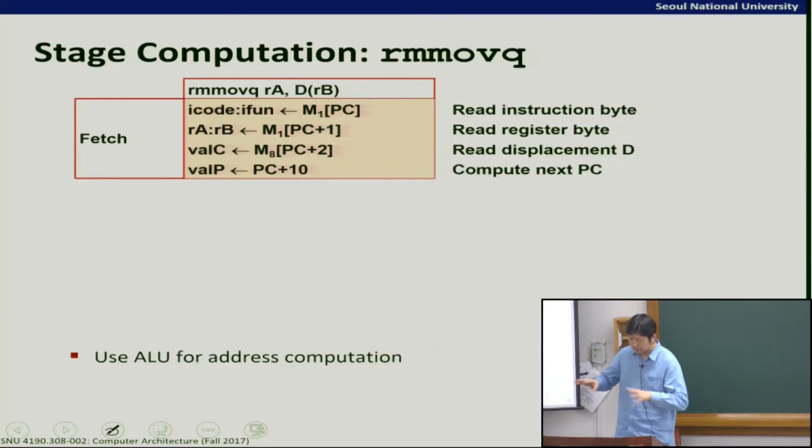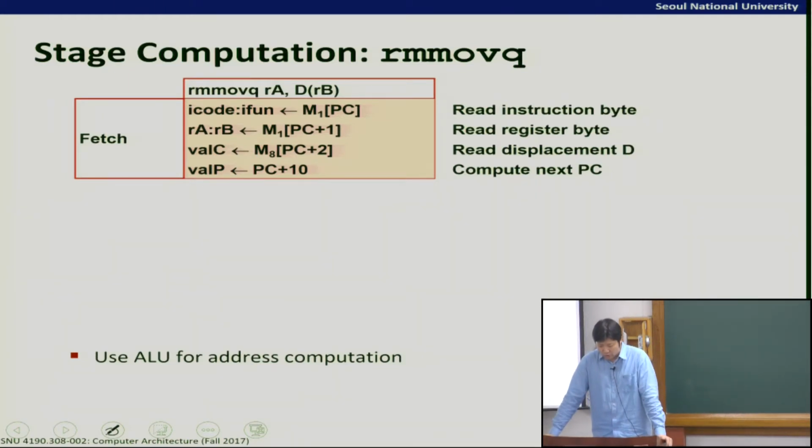And let's do the same here. We break down this instruction's operation into small pieces. What's happening in the fetch stage? Again, we first extract those fields from the instruction code. You first read the first byte from the location at PC to extract ICode and IFun, and you also extract RA and then RB from the next byte, and from the next 8 bytes we extract a constant value.